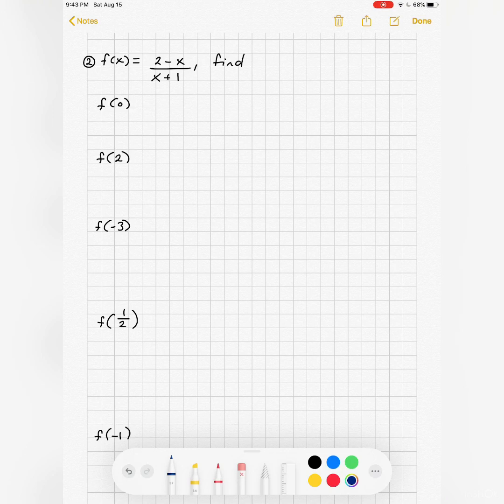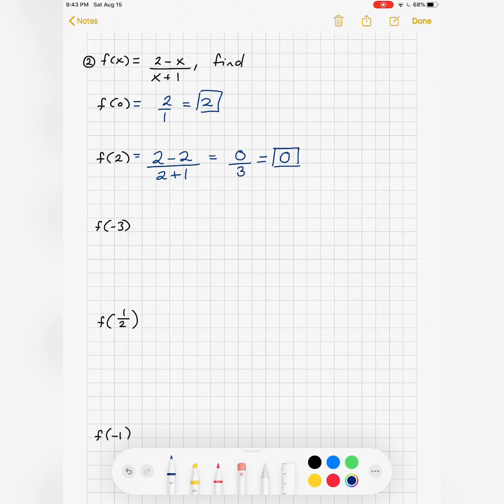Okay, what about a rational function? So a fraction. So I'm going to plug 0 in. Just leaves me 2 over 1, so 2. Okay, so here I have 0 in the numerator. So 0 things divided by 3 people leaves me with 0.